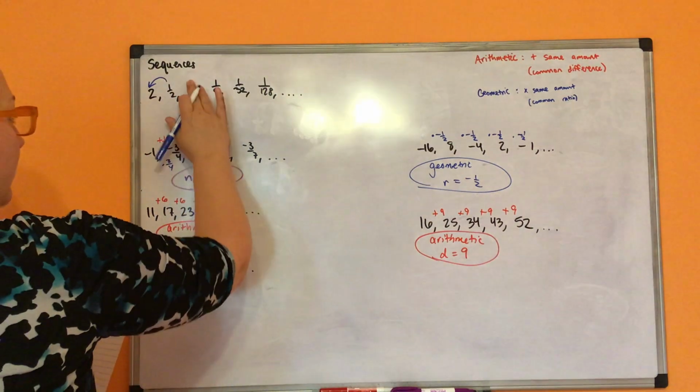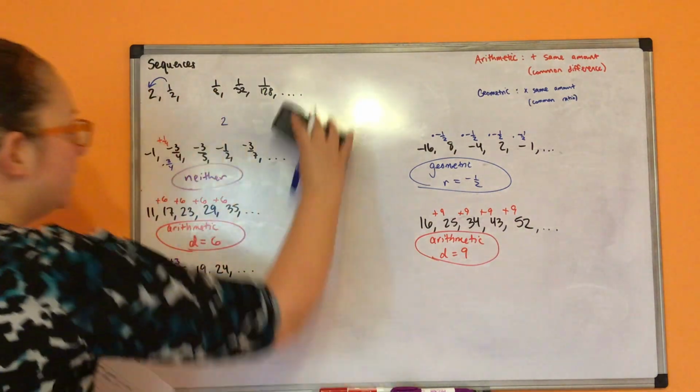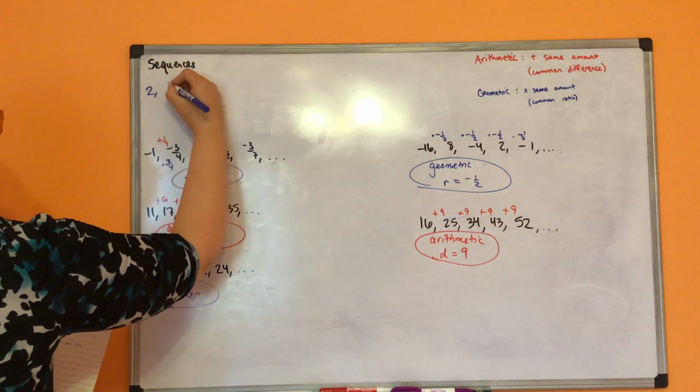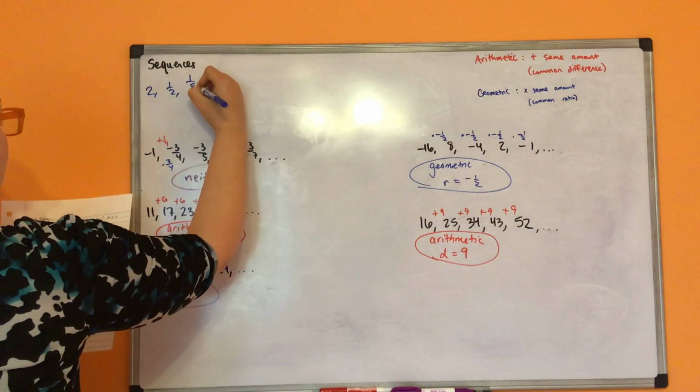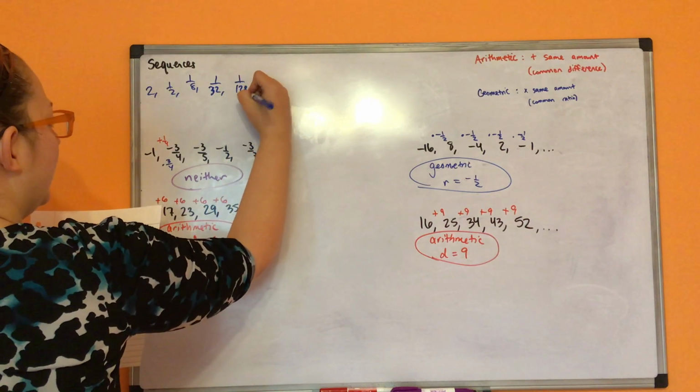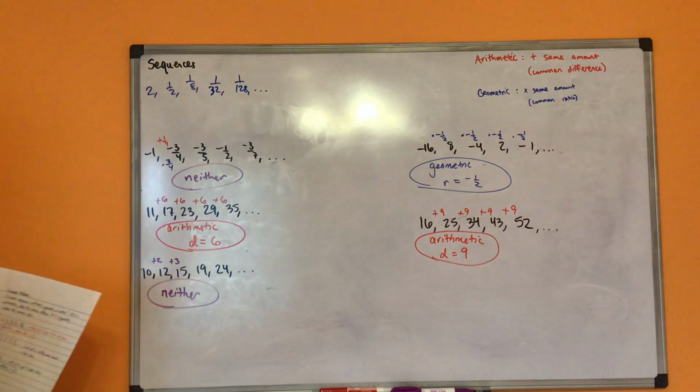I have an extra number here that I don't need to have. So let's reset here. The sequence I'm dealing with here is 2, 1/2, 1/8, 1/32, 1/128. I had accidentally written an extra number in there.